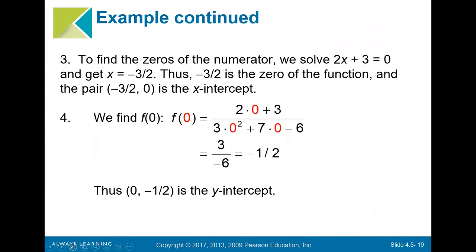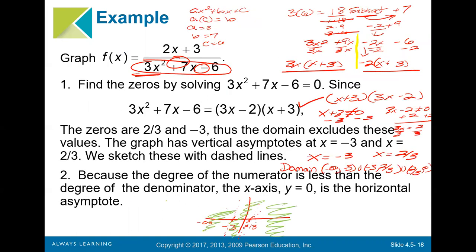Now to find the zeros of the numerator, well, okay, I found the vertical asymptote. I didn't state the horizontal. I guess we could do that right quick. Let's come back and state it. Horizontal: the power on the numerator is 1, and the power on the denominator is 2.